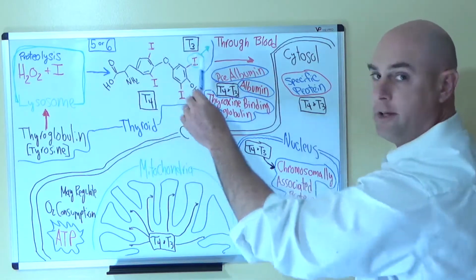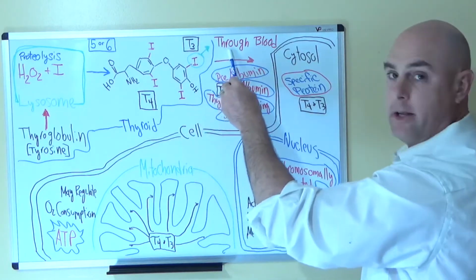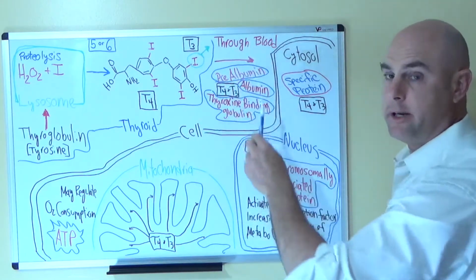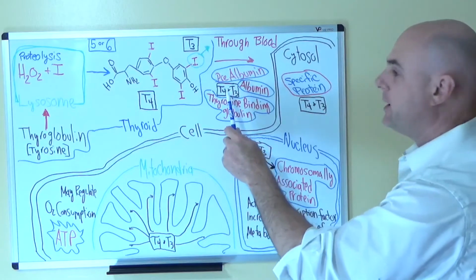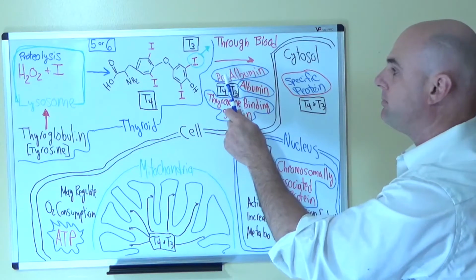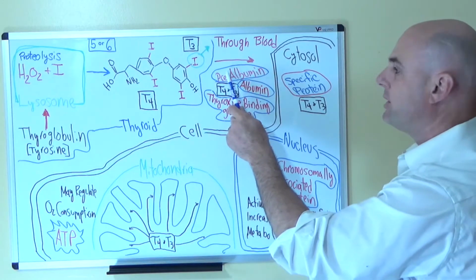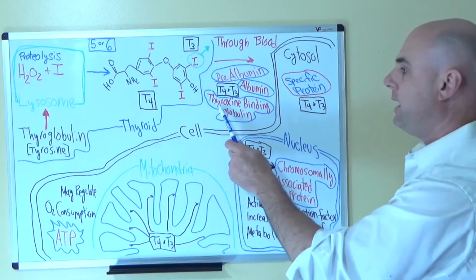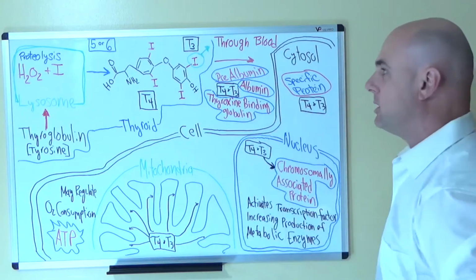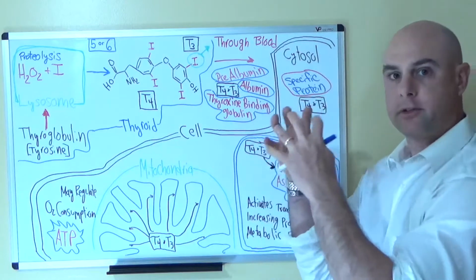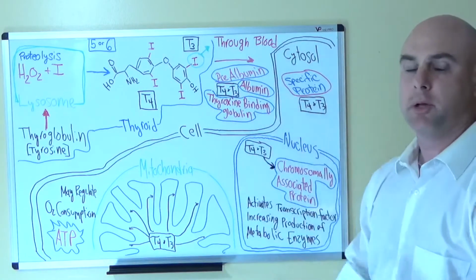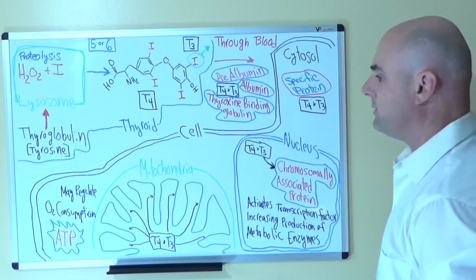Now when T4 and T3 exit the thyroid into the circulatory system through the blood, they are surrounded by the proteins prealbumin, albumin, and thyroxine binding globulin. And it's this large complex that travels through the blood to other tissues in the body.